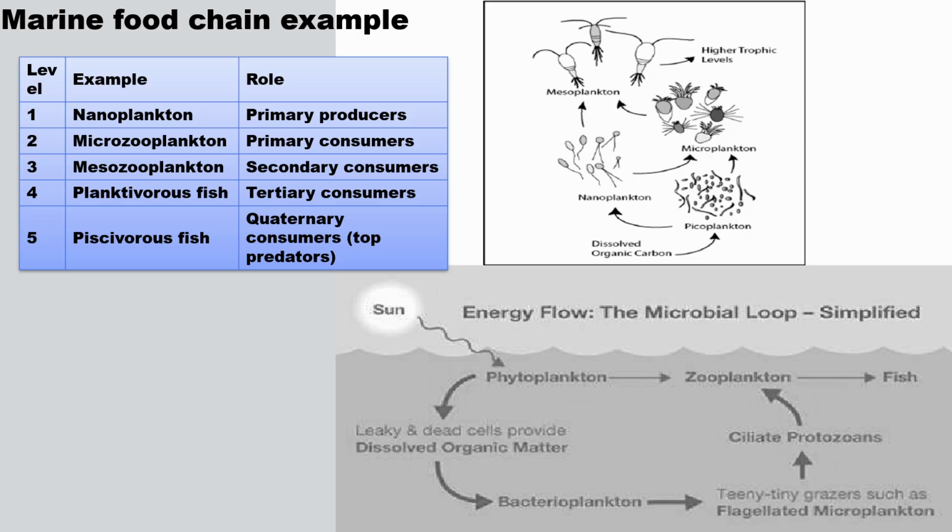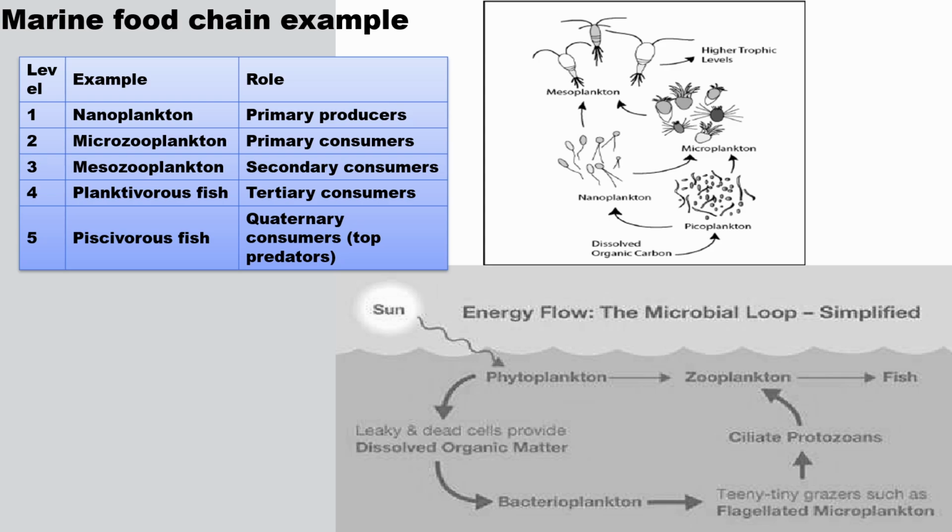Finally, fishes and higher trophic levels enter. They feed on the zooplankton. So instead of a straight line from phytoplankton to fishes, there are extra feeding steps involving microbes. This is why it is called the microbial loop, where energy and nutrients loop through bacteria and small plankton before moving up the food chain.